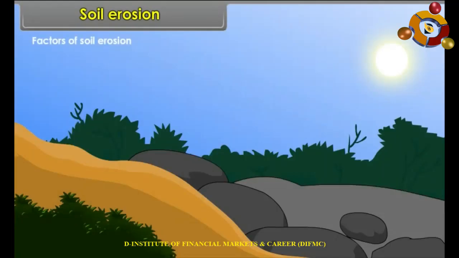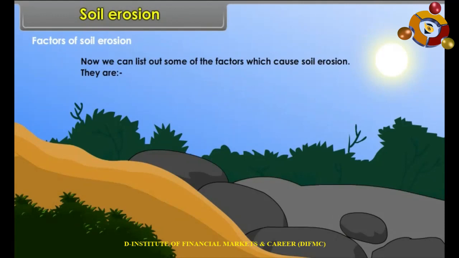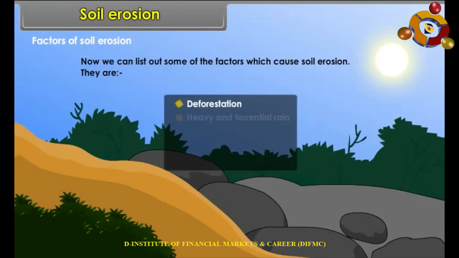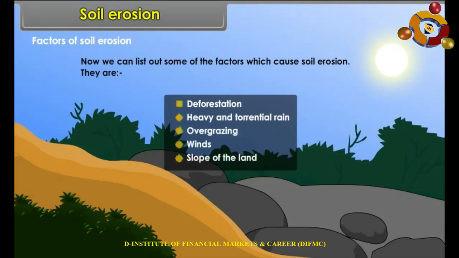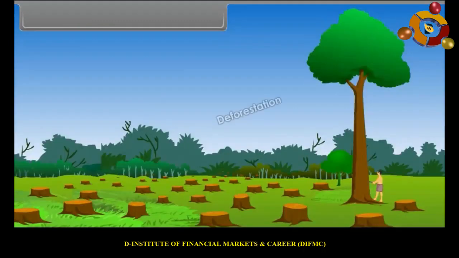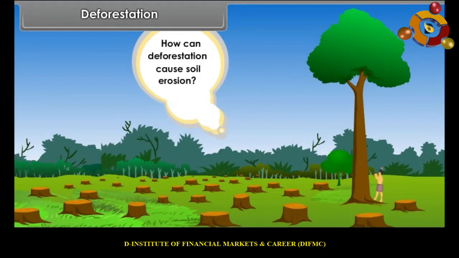Factors of soil erosion. Now we can list out some of the factors which cause soil erosion. They are deforestation, heavy and torrential rain, overgrazing, winds, slope of the land. Deforestation. How can deforestation cause soil erosion?